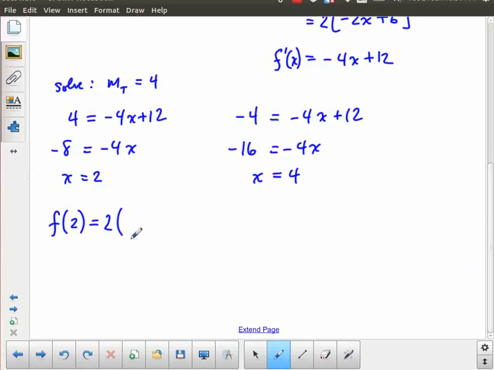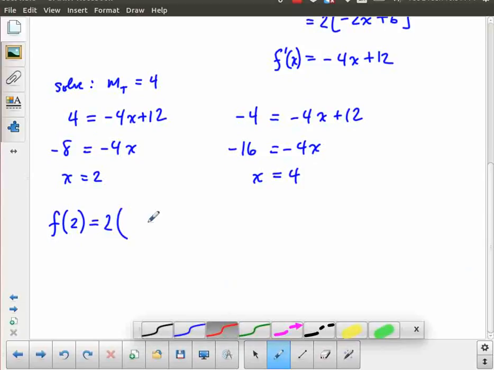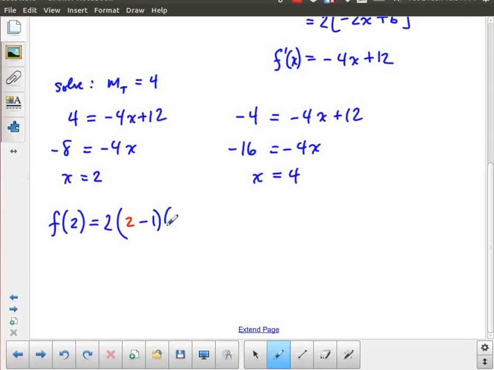So this is going to be 2 times, but instead of x minus 1, it's going to be 2 minus 1, and it's going to be 5 minus 2. And so we end up with 2 times 1 times 3 is equal to 6 for that one.